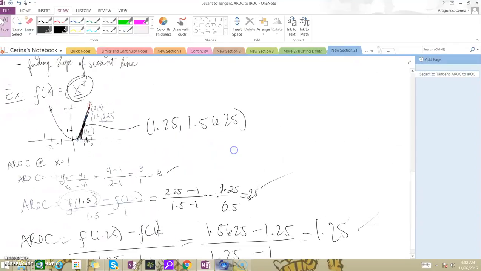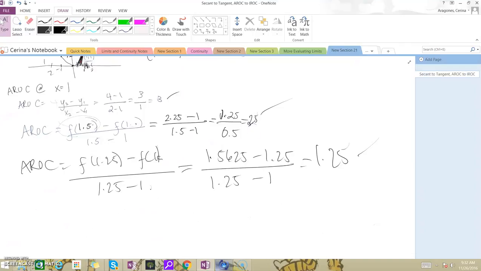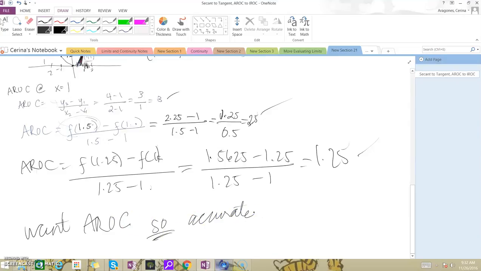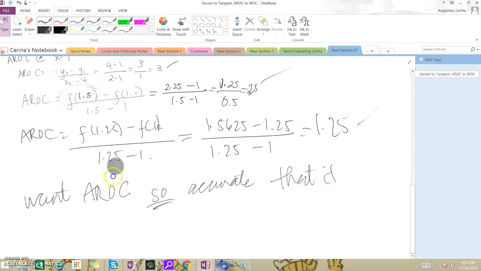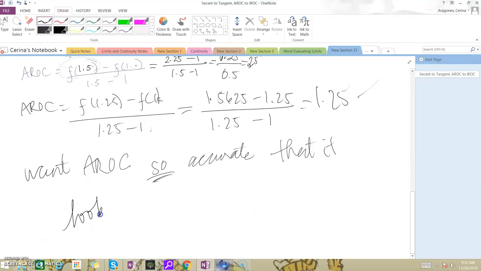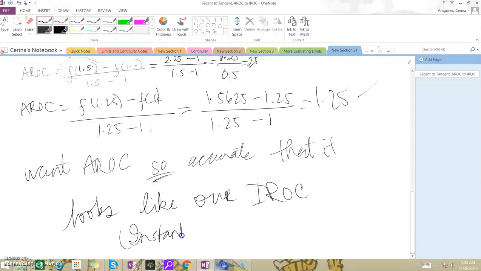So that's our goal, is to get our AROC so accurate that it looks like our IROC, which is our instantaneous rate of change.